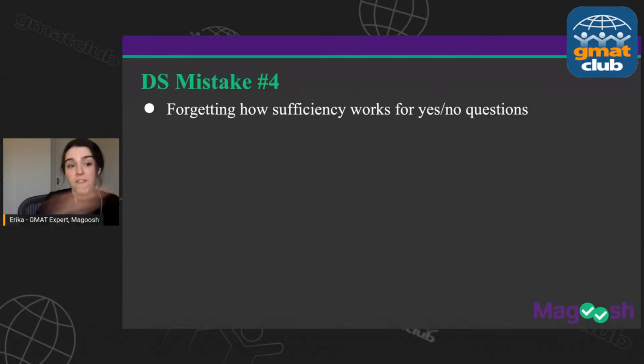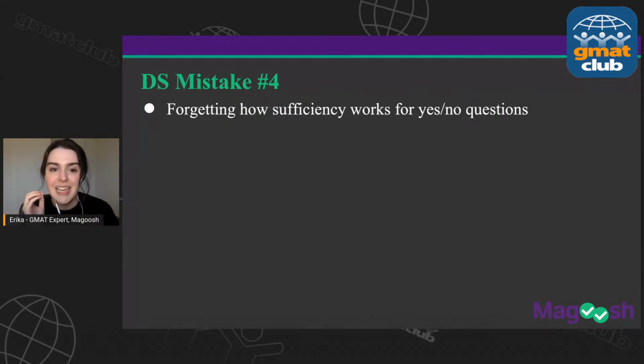So our answer would be a value. So if we only get 5, it's sufficient. But if we get 5 and -5, ooh, it's insufficient, right? That's easier. Yes/no questions are a little bit nasty because yes is an answer. If we only get yes, it's sufficient. No is also an answer. If we only get no, that is also sufficient.